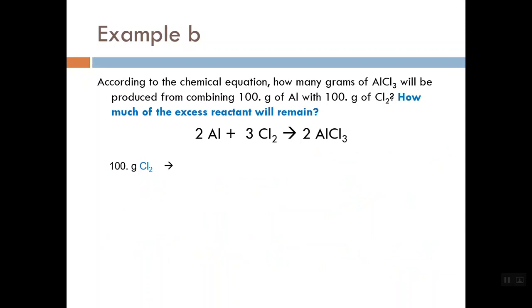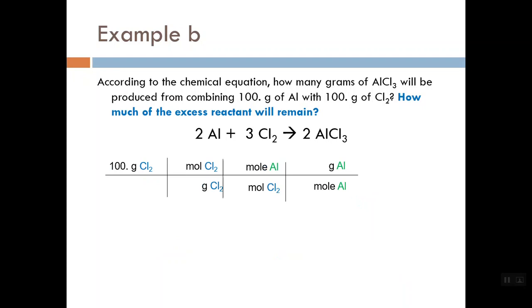So 100 grams of chlorine, into moles of chlorine, into moles of aluminum, into grams of aluminum. All right, and then replace that with the fence, copy down your units, and then molar mass, molar ratio, and again molar mass. Multiply and divide, and you get a mass of 25.4 grams of aluminum. So this means that only 25.4 grams of aluminum was actually needed and was actually used in this reaction.